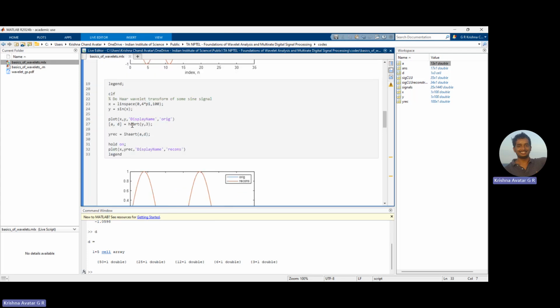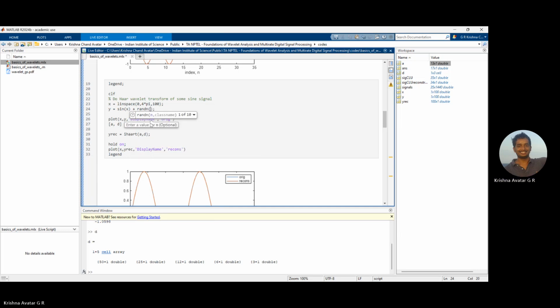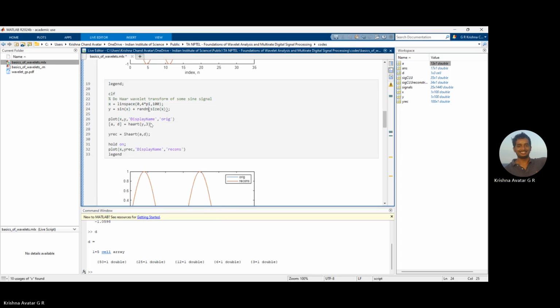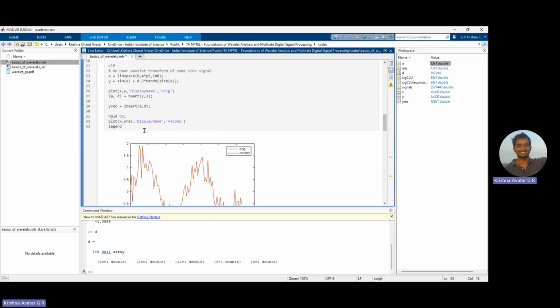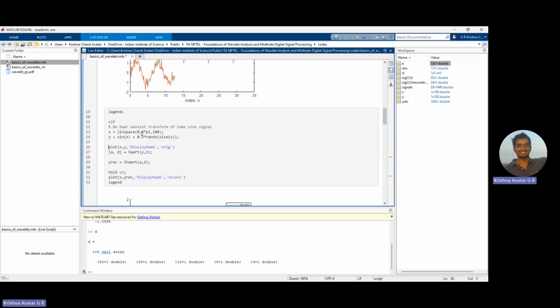So see if I add some sort of random noise, random of size of x, multiplied by 0.3. Still able to. What if I don't plot? Let's see, still able. It does it so nicely.